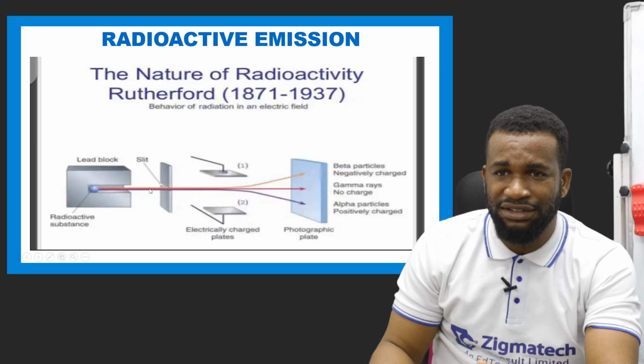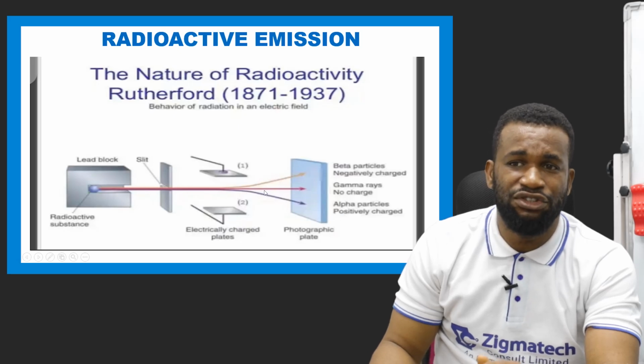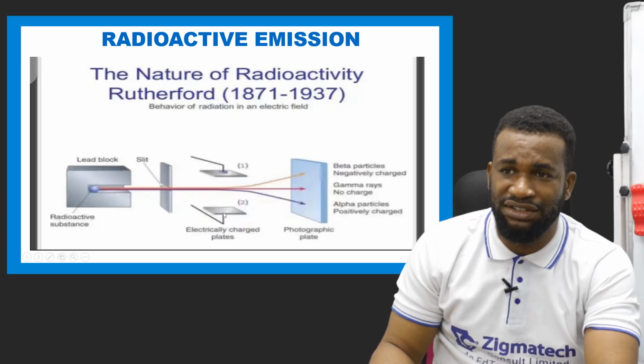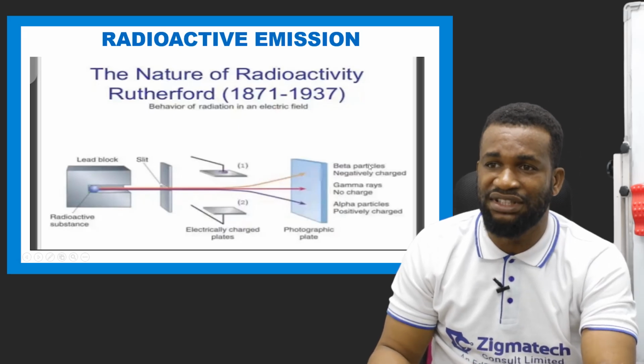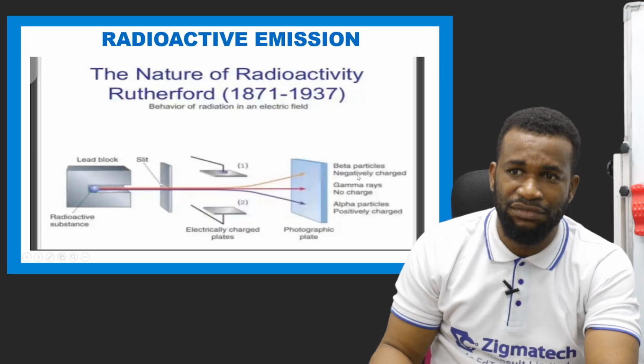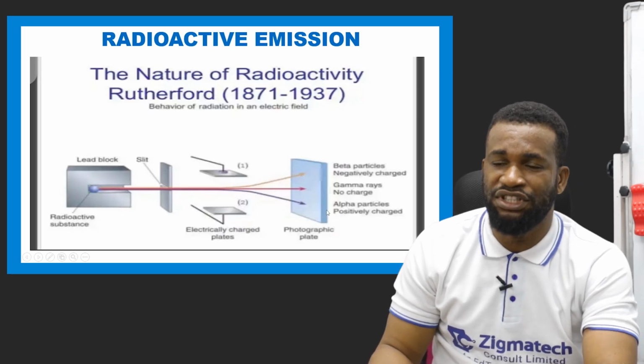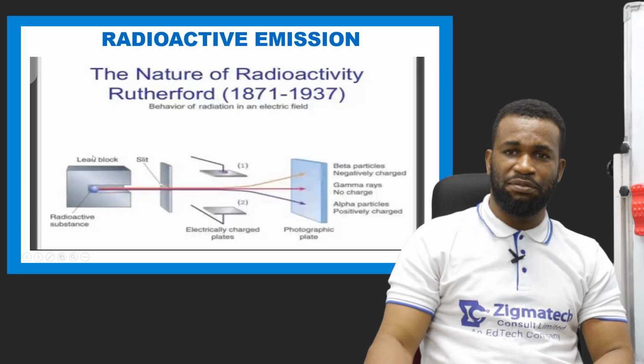The gamma ray is not attracted to any of these charges, so it does not have charge. That is why it was concluded that beta is a negative charge and alpha is a positive charge. We are going to look at their properties.